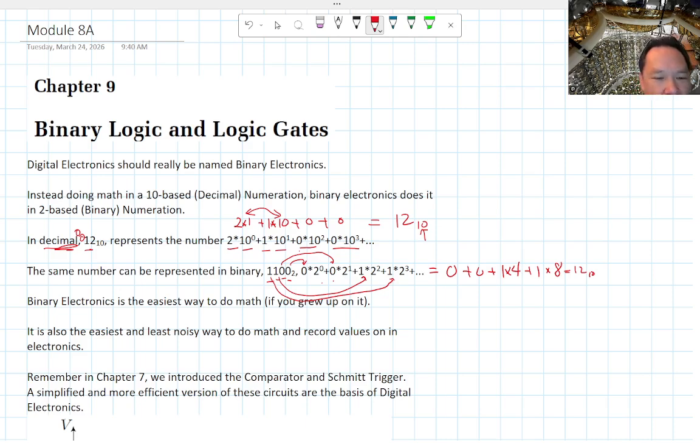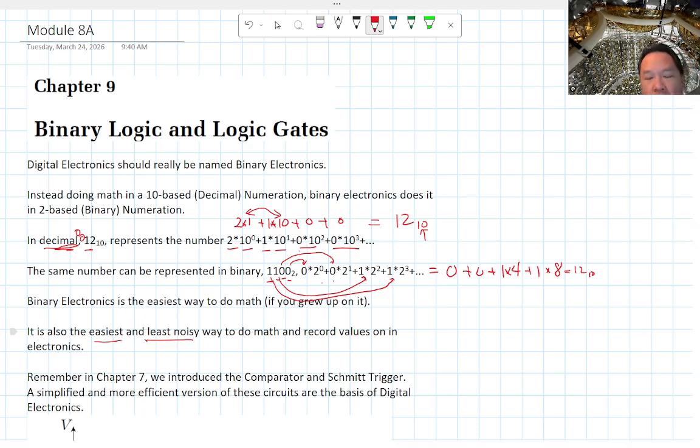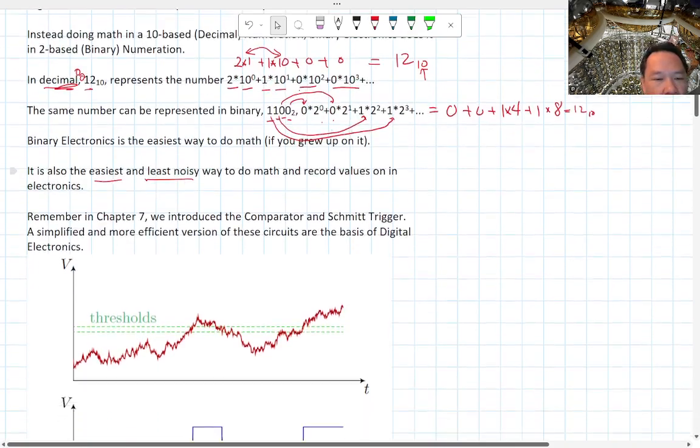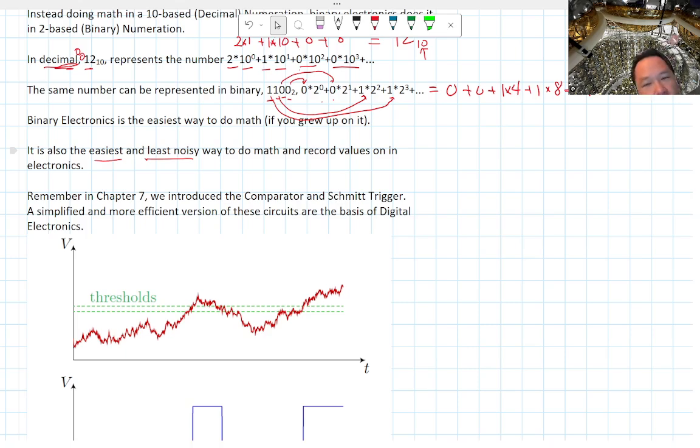In electronics, it's also the least noisy and the easiest way to do math and record values, and that's why it is the basis of all computing and electronics, in binary electronics or digital electronics. I know I don't like the word digital electronics, but that's the one we're kind of stuck with.